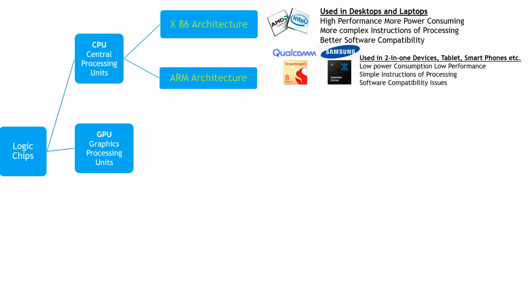The second important part of the logic chips in our laptops and computers is the GPU, which is the graphics processing unit, dedicated to the handling of graphics. It could be a drawing, it could be a game, it could be some illustration. These are mainly produced by NVIDIA.